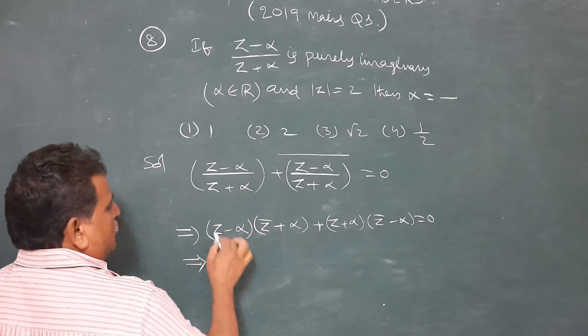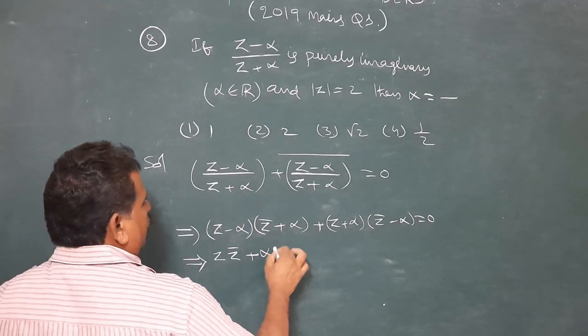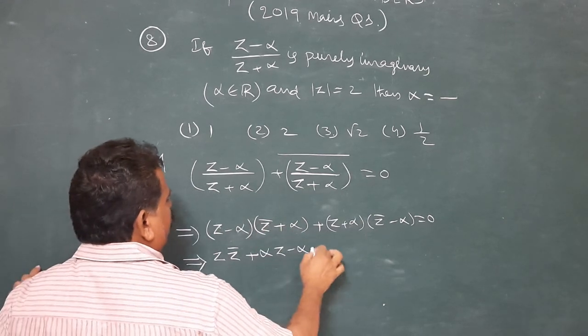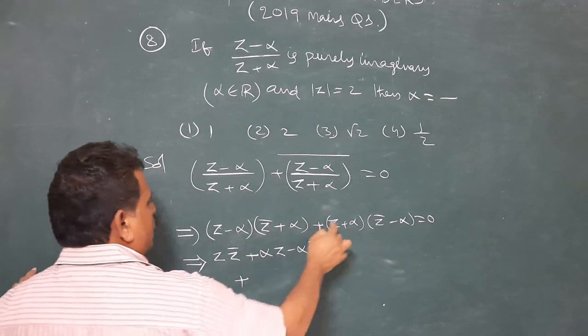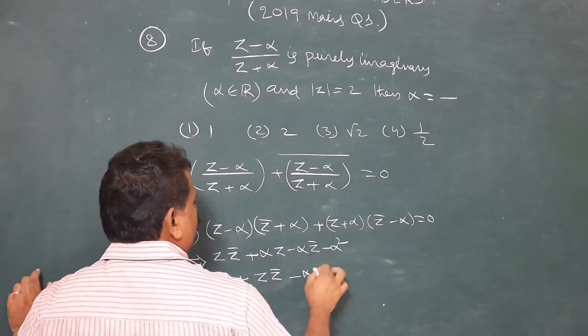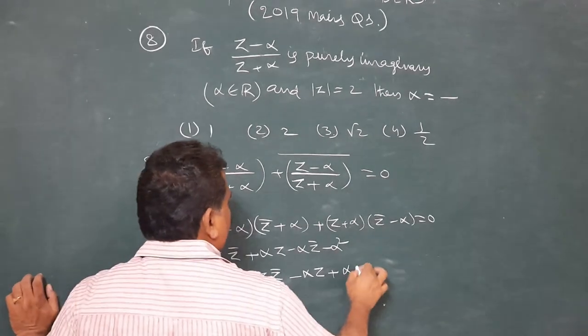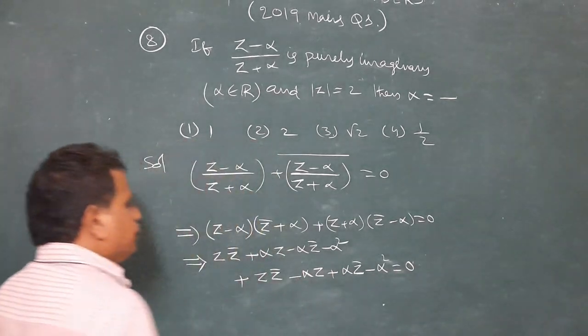General expansion: z z bar plus alpha z minus alpha z bar minus alpha square, plus z bar z minus alpha z bar plus alpha z minus alpha square, equal to 0.